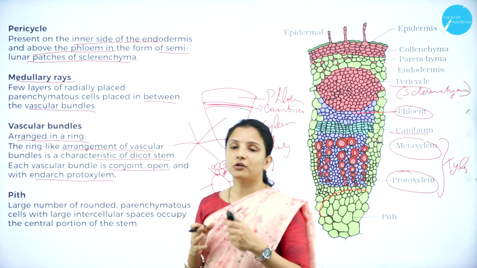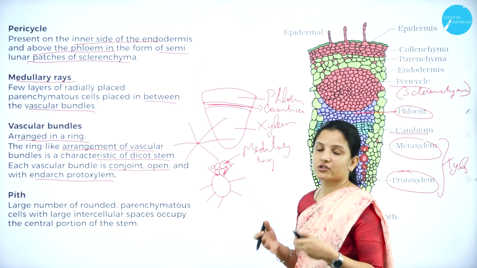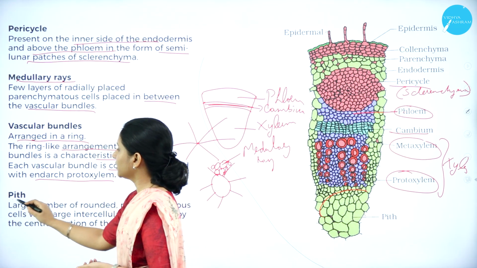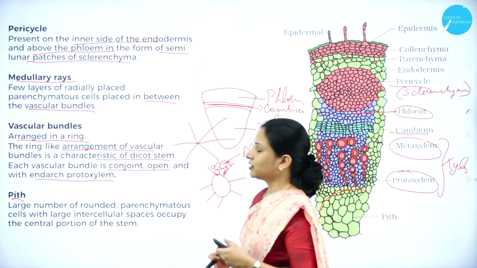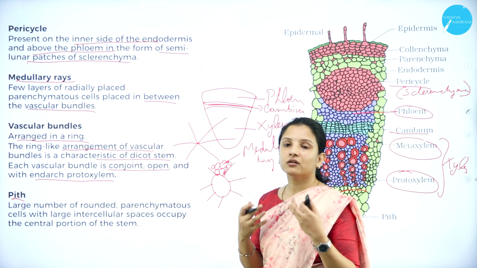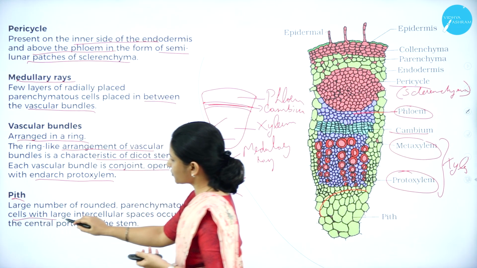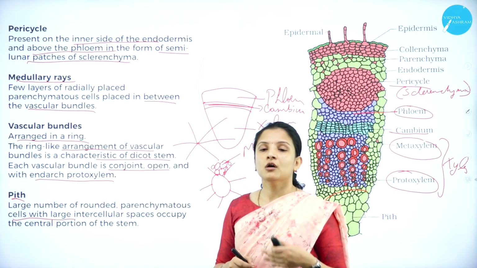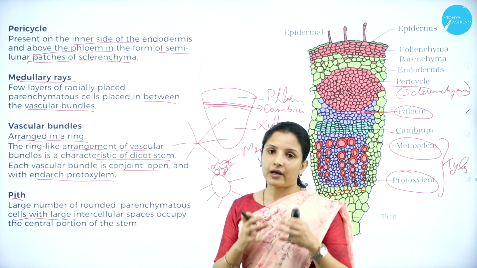So this is one of the distinguishing features of the dicot stem, especially in the vascular bundles. Next to the vascular bundle is the pith. The pith is large and has rounded parenchymatous cells. Usually, be it a dicot or a monocot, a stem or a root, the pith will always be made of parenchyma cells.